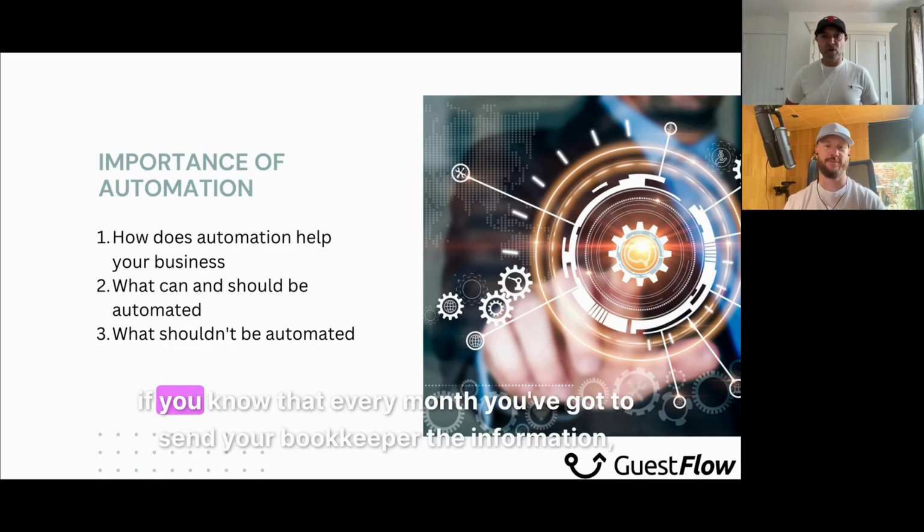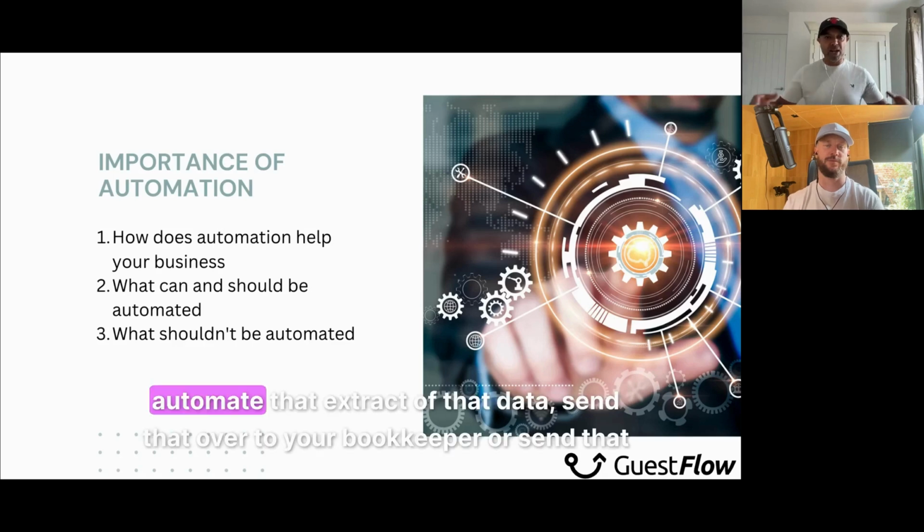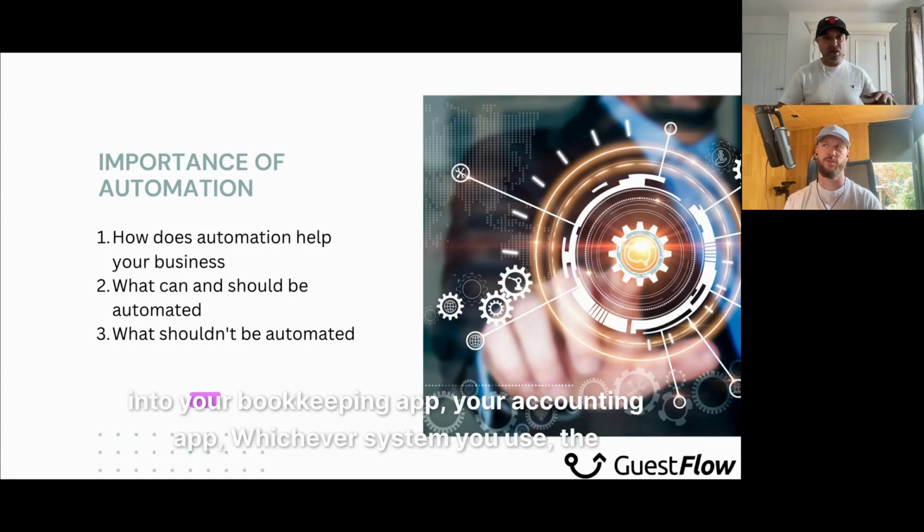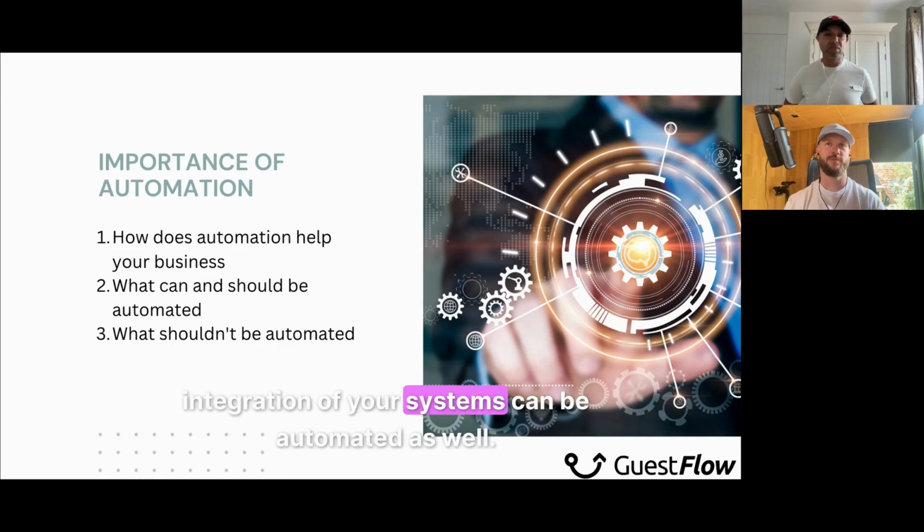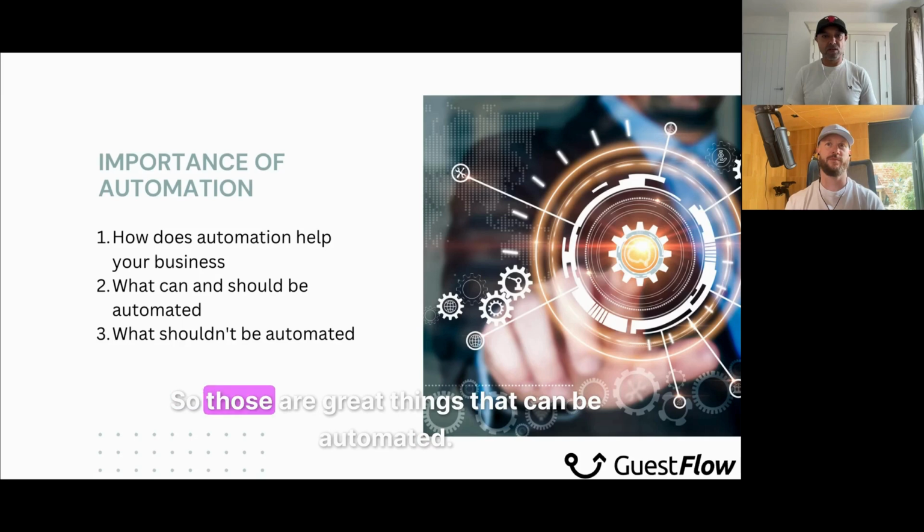If you know that every month you've got to send your bookkeeper the information, automate that extract of that data, send that over to your bookkeeper, or send that into your bookkeeping app, your accounting app, right? Whichever system you use. So the integration of your systems can be automated as well. So those are great things that can be automated.